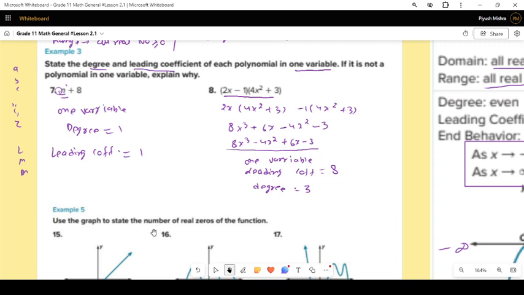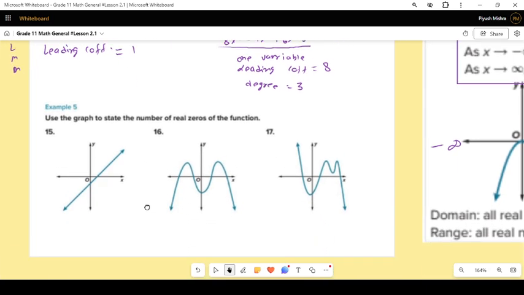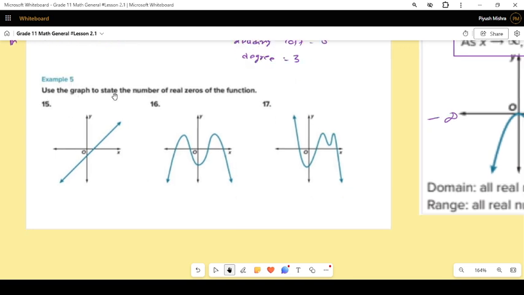Okay, now it is telling use the graph to state the number of real zeros. Okay, what is the real zero? So when you are putting the value of x in the function, and if y is getting 0, it means that this is the zero. Okay, how will we do it with the graph?